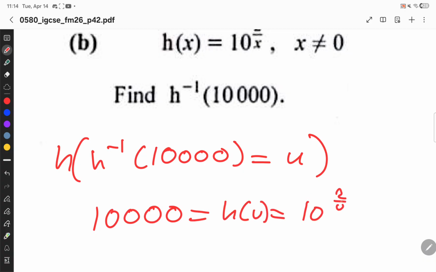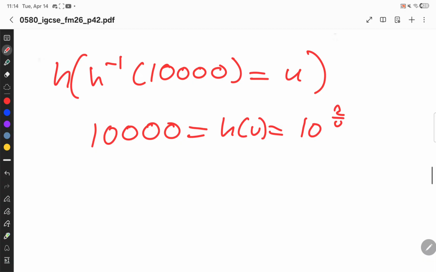10 to the 2 over u. Now our goal is different. We want to solve for u now. Okay, so how do we do that? We then do this in terms of 10 power.